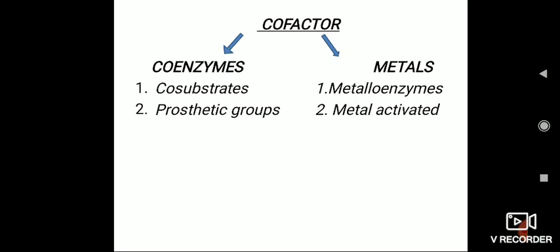Although the catalysis is not possible without these metals or coenzymes, without them the enzymes can also be in the free state, but they will be activated once they are in contact with the metal which activates them.